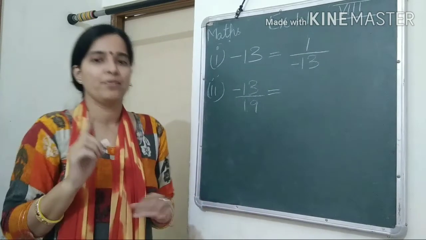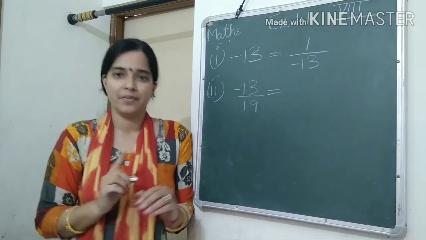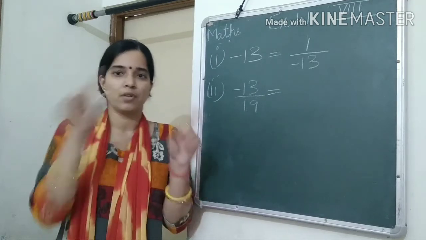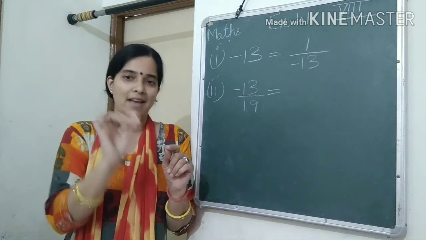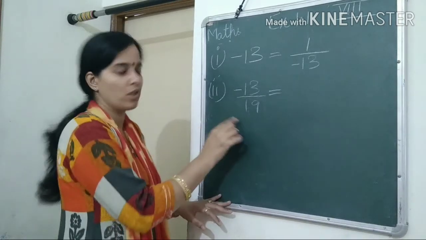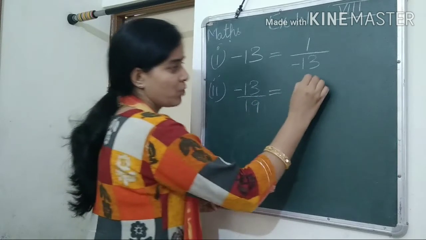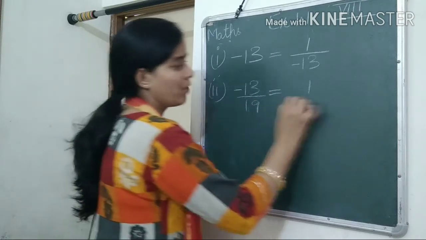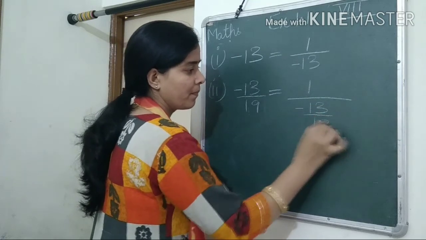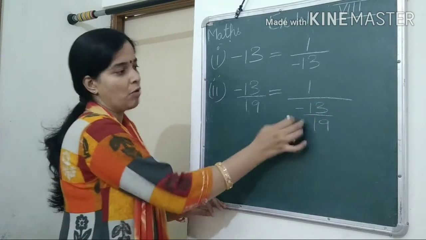I told you, whenever you have to write the additive inverse, first put a minus sign outside, put a bracket and write the number as it is inside the bracket. In the case of multiplicative inverse, always put a 1 in the numerator and whatever number is given to you as it is in the denominator. This way. Now how to write this number?